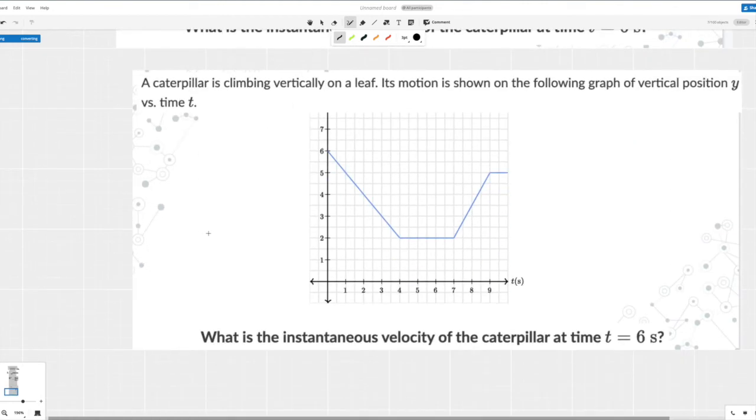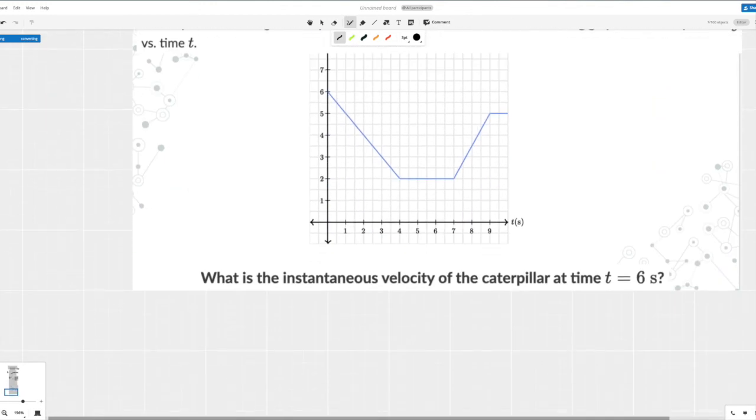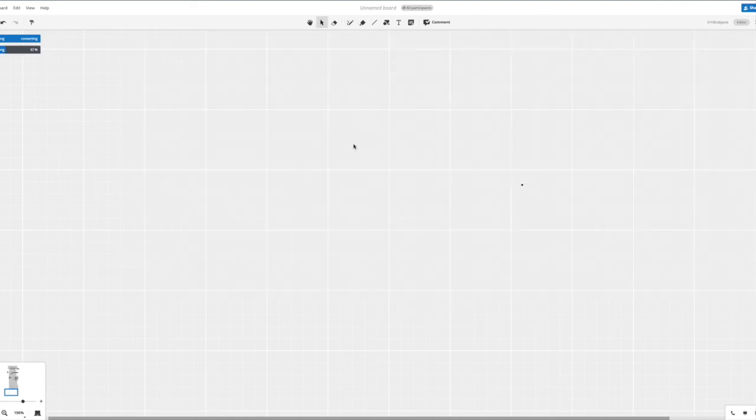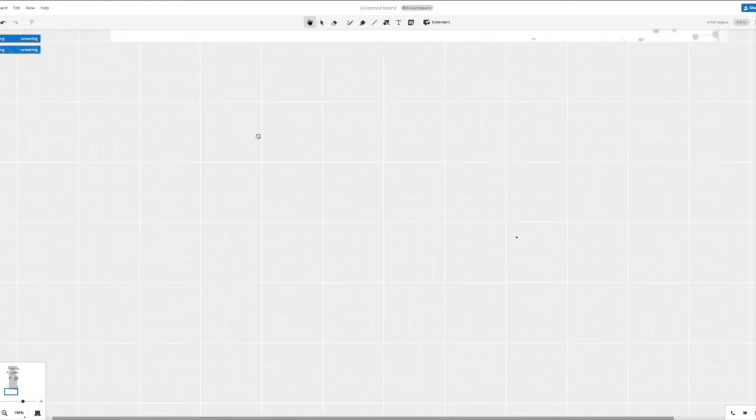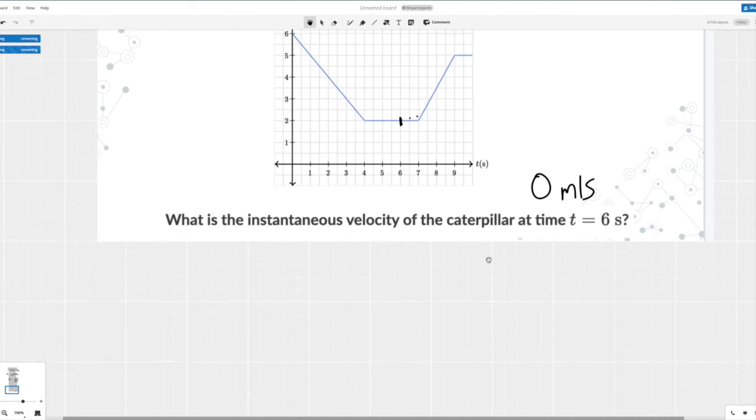And this is the final question. I suggest you try it on your own. Wait, I did not pull up the right question. Let me just quickly grab the correct question. I hope you understand the difference between average and instantaneous.